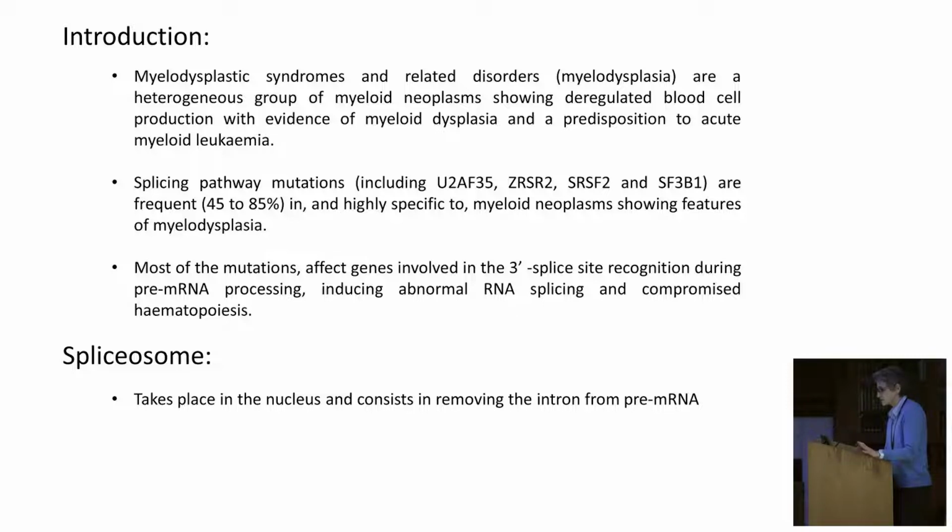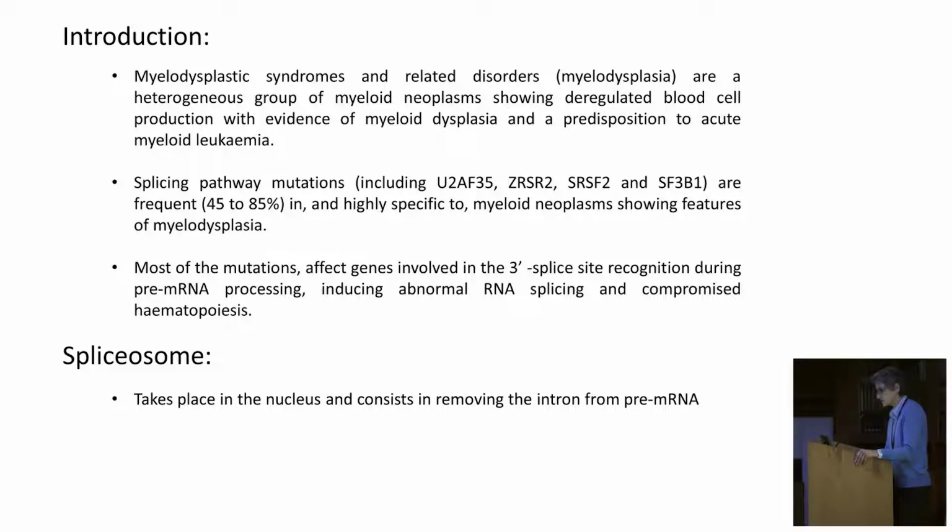And one of the things that we have been focusing on more specifically, and that's why I mentioned the spliceosome mutation, is that a lot of patients with MDS have a mutated spliceosome.